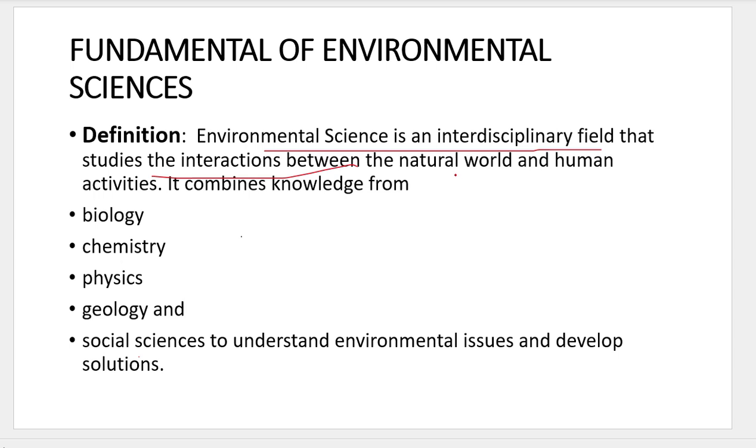It combines knowledge from various subjects: biology, chemistry, physics, geology, and social science. It means we study all these subjects in environmental science. Why do we study all this? Because we need to understand environmental issues. After understanding the issues, we can develop solutions to tackle them.